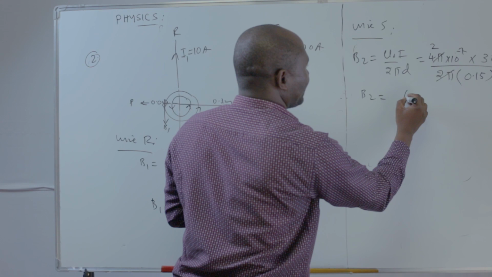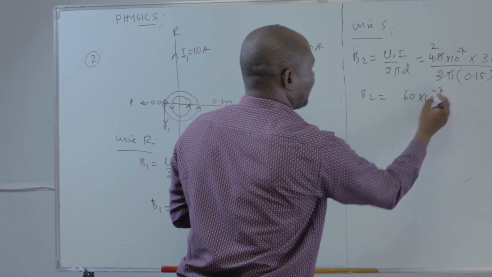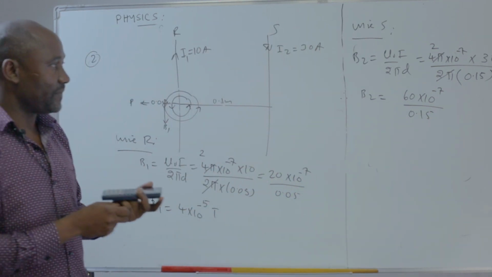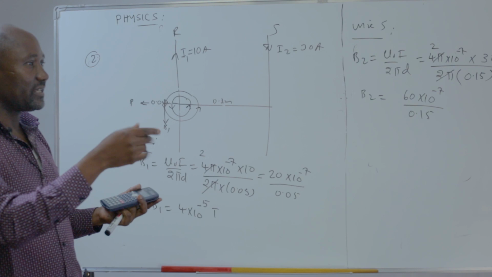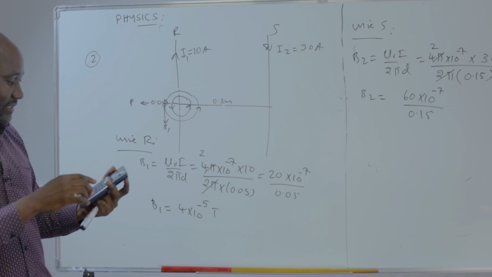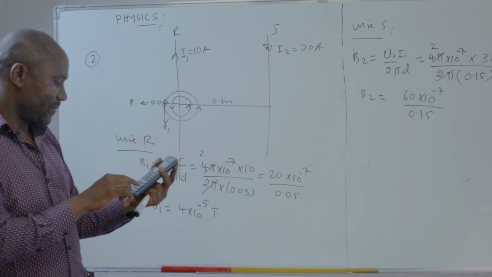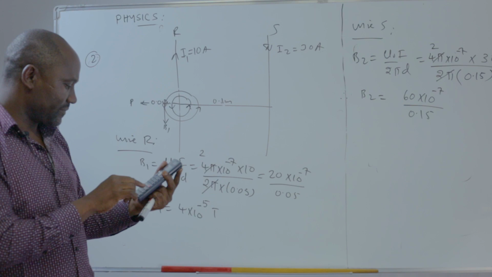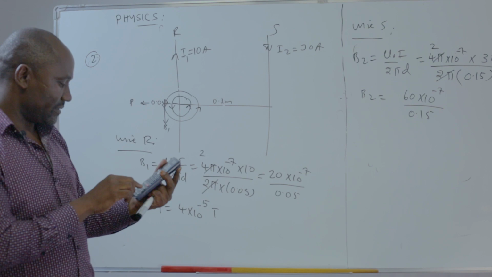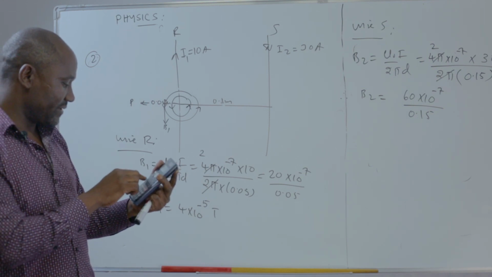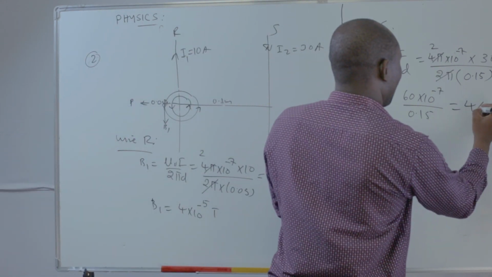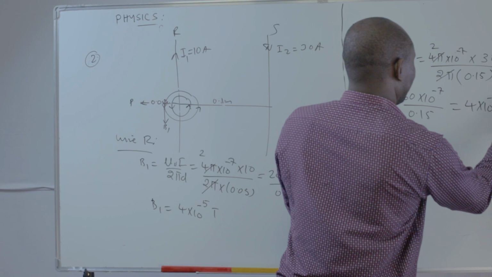I have 60 times 10 negative 7 over 0.15. You should change the units into SI units. If it was given in centimeters, you should convert to meters, but the question was given directly in meters. So let's find out 60 divided by 0.15 multiplied by 10 negative 7. You get 4 times 10 negative 5 Tesla.